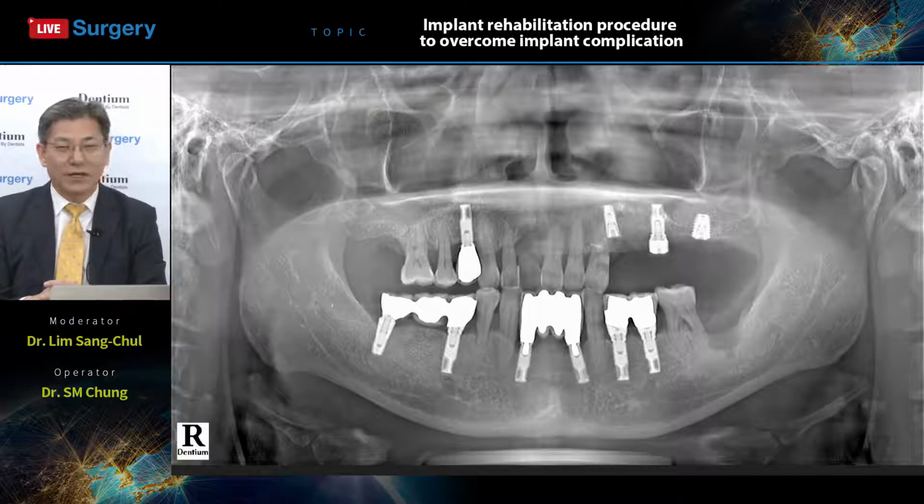So he changed the implant system. Finally, he decided to use this Bright bone level implant system, with slightly deep insertion.